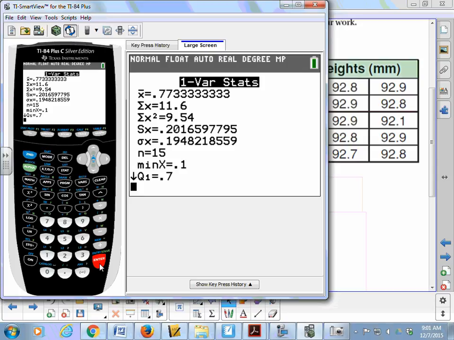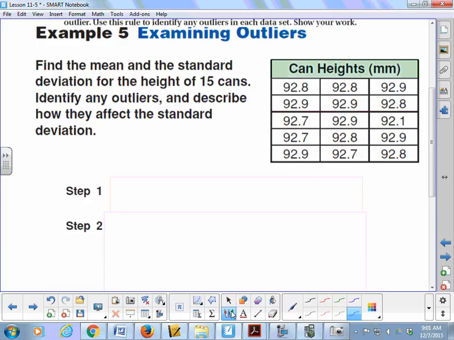So the mean in this case is 92.77, and the standard deviation is going to be 0.195. Okay? So the mean, x bar, equals 92.77, and the standard deviation is 0.195.